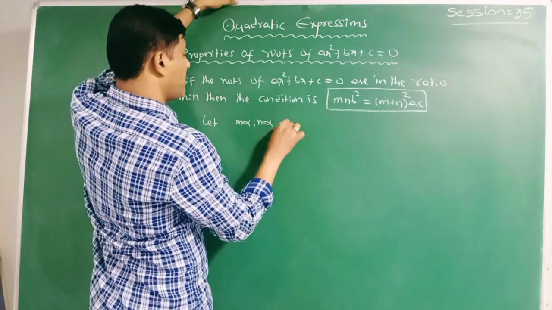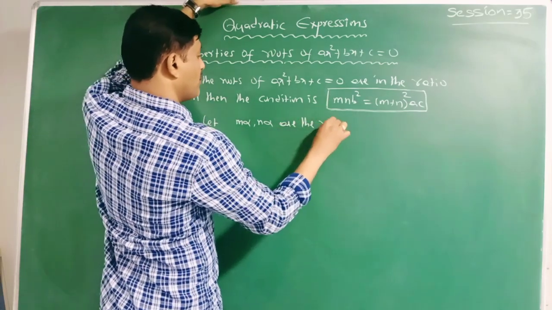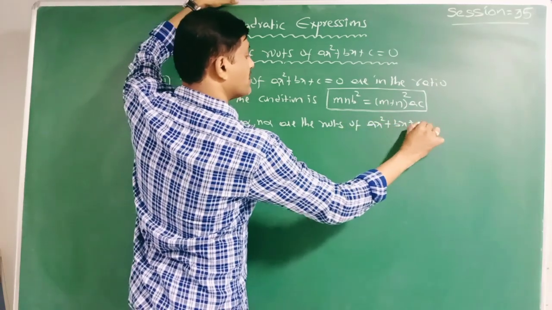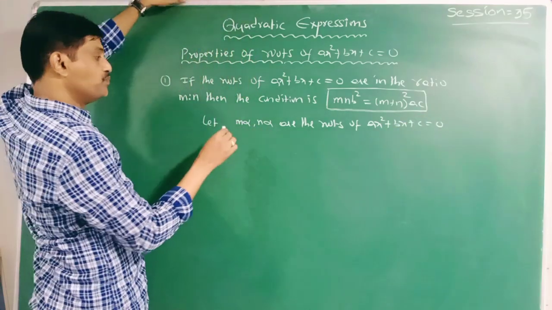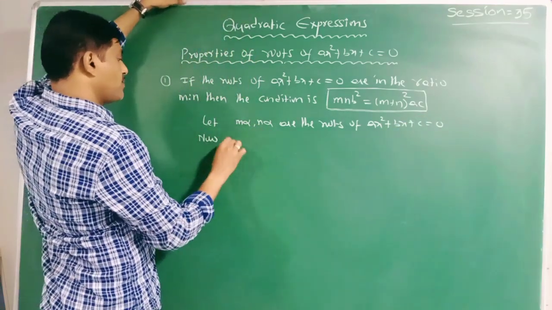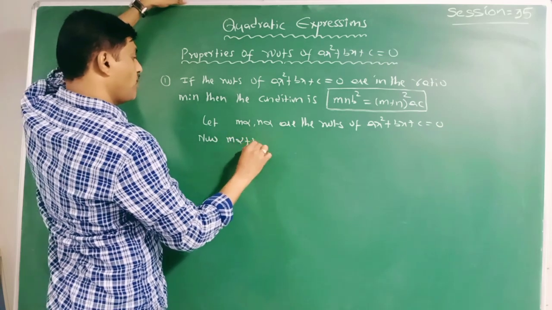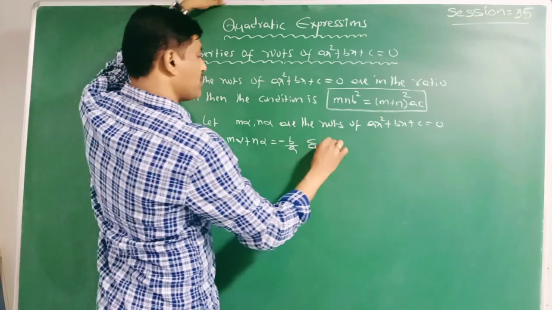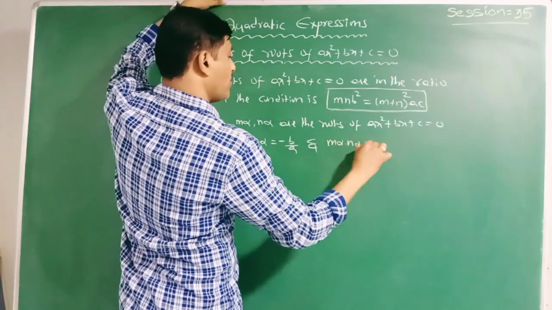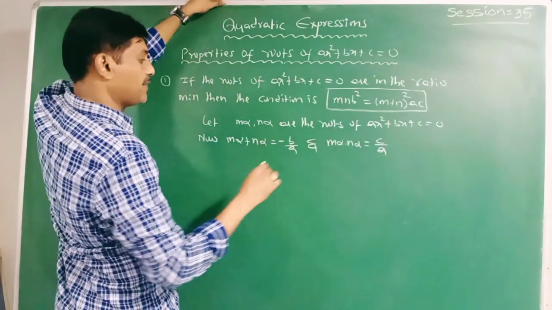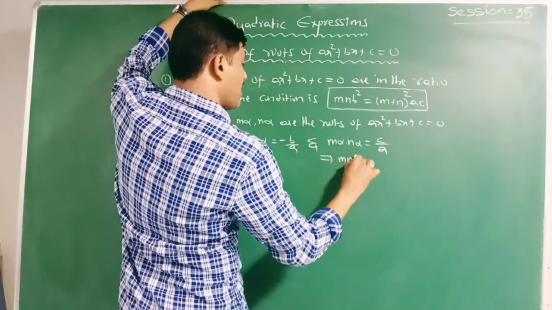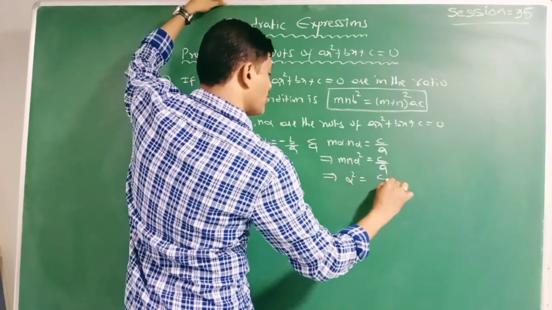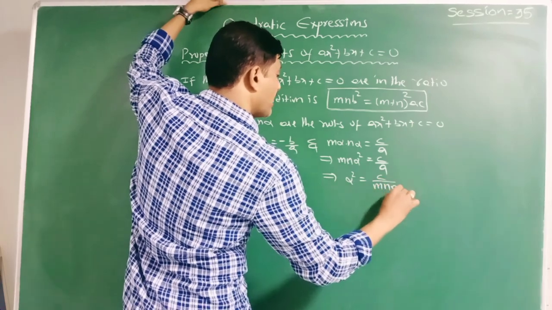Sum of the roots: m alpha plus n alpha is equal to minus b by a, and product of the roots: m alpha into n alpha is equal to c by a. From this, mn alpha square is equal to c by a, alpha square is equal to c by mna.